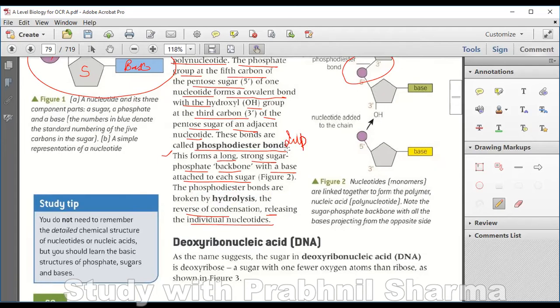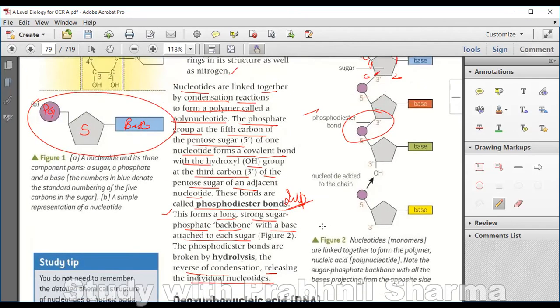So this is important. This phosphodiester bond is important, and this figure is also important.